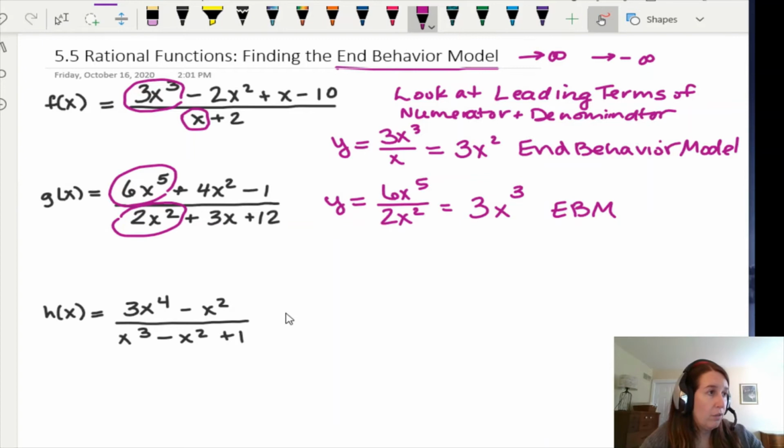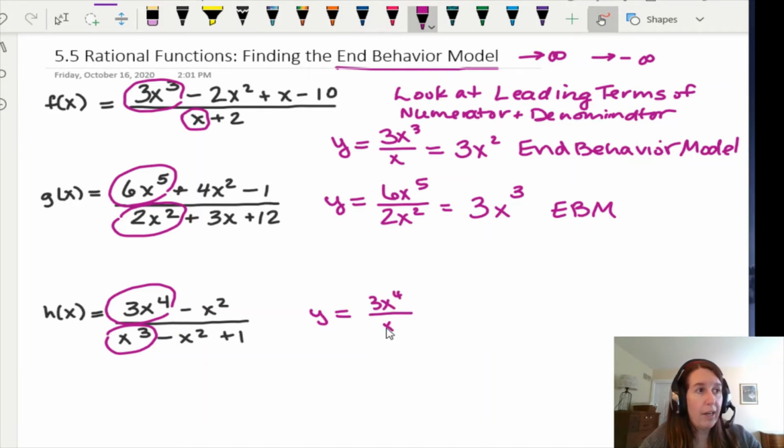For our last one, we have 3x to the fourth and an x to the third. So 3x to the fourth divided by x to the third. Our end behavior model is 3x.